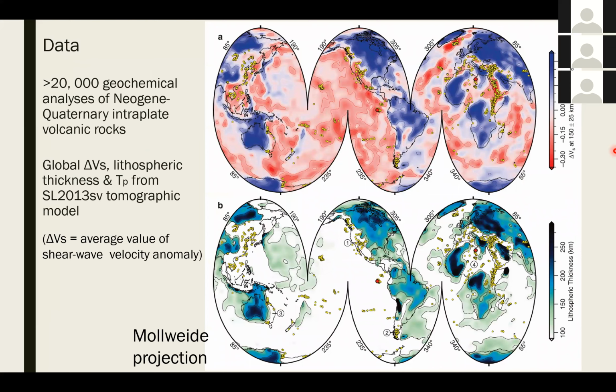And the other part is the geophysical data, including the delta velocity, lithospheric thickness, and the potential temperature from this SL tomographic model. And the delta velocity is the average value of the shear wave velocity anomaly. And they show their data on this so-called model weight projection map.